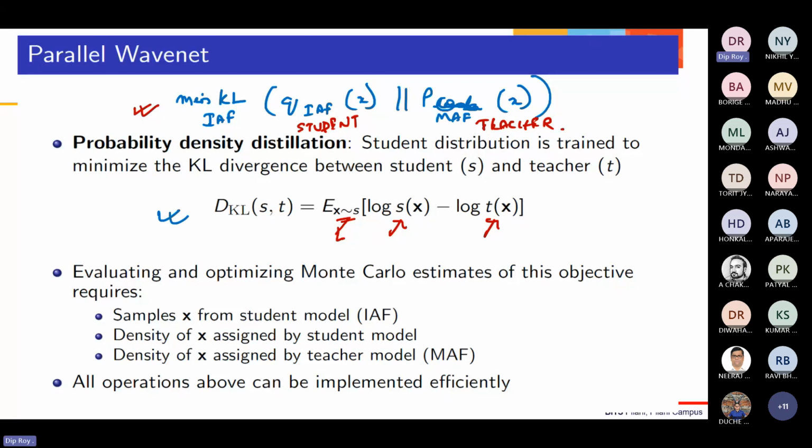So you indirectly trained your student model, which was very slow in training, but now you have discovered a fast way of training using the distillation technique and using a pre-trained teacher model. And now that you have trained your student model, you can easily sample from it. Any questions?